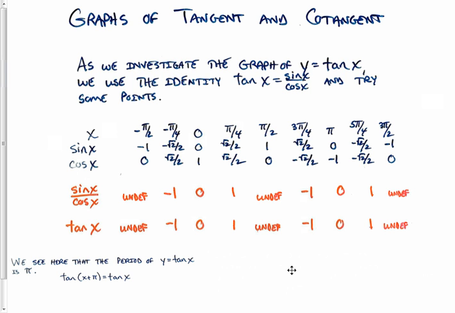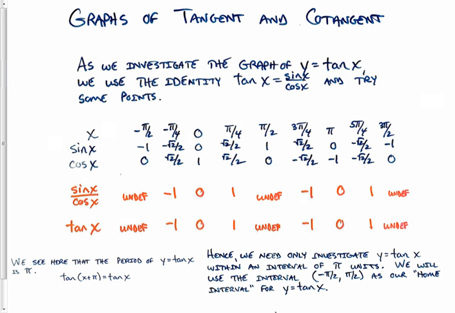And so we need to pick out our home interval. For the sine function and cosine function, the standard functions, we chose our home interval to be between 0 and 2 pi. Here we only need to be pi units long, but if I start at 0, I have an undefined position in between. See, 0 to pi, I have an undefined position in between.